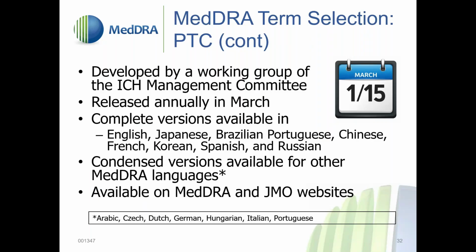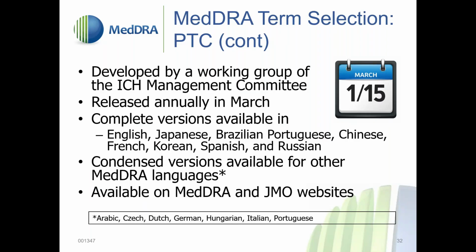And you see these languages listed on the slide: Arabic, Czech, Dutch, German, Hungarian, Italian, Portuguese. These condensed versions focus on the general coding principles without going into further details for selected topics. They are not updated with each MedDRA release, but on an as-needed basis.